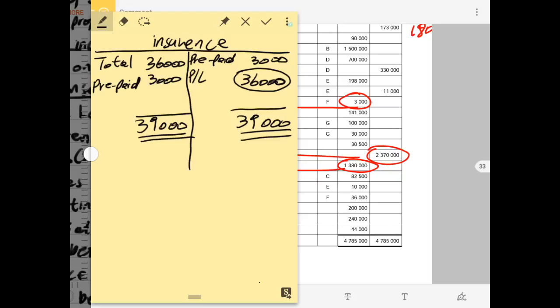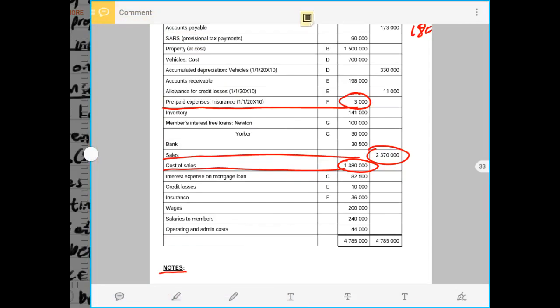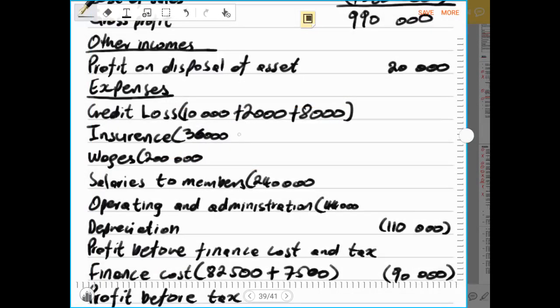So now the profit and loss will be an amount of 36,000 rands, which is 36 plus 3,000 rands, which is the reversal, minus the current year prepaid of 3,000. So now just 36 plus the reversal minus prepaid at the end of the year. That gave you 36,000 rands.